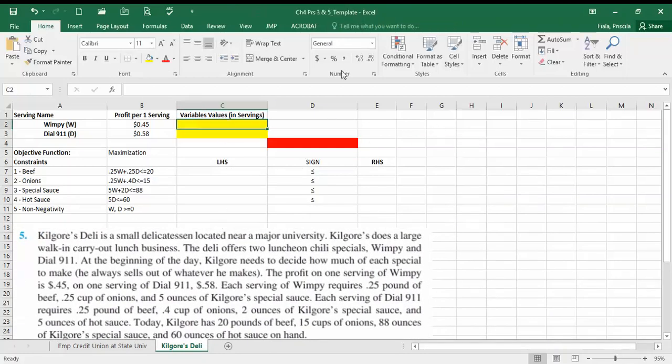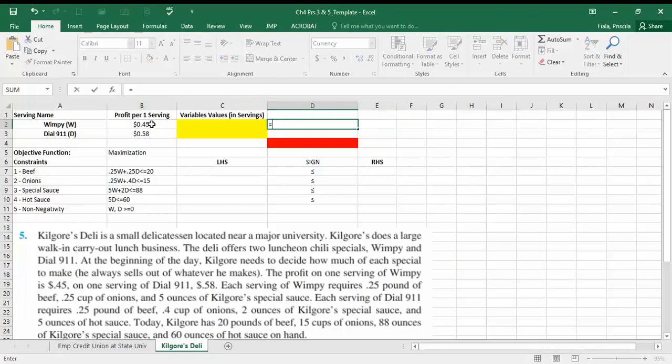Right here, for the decision variables, that's the result it's going to give us, correct? But we also want to know in dollars how much it's going to be. So let's start by doing 45 cents per serving, times whatever we find in how many servings.